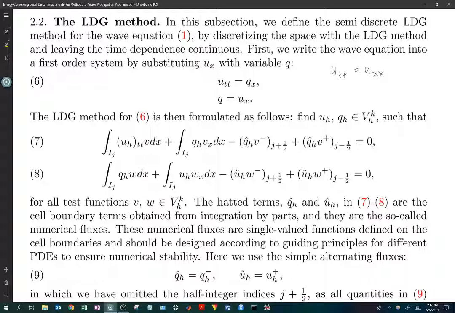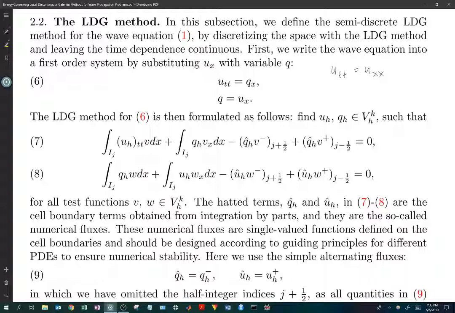So here, if we just move the QX over, this would be UTT minus QX. And then after multiplying by a test function and integrating, we would get the integral of UH_TT times v minus the integral of QH x derivative times v dx equals 0. Of course, these h's here just mean that these are the approximations that we are finding.